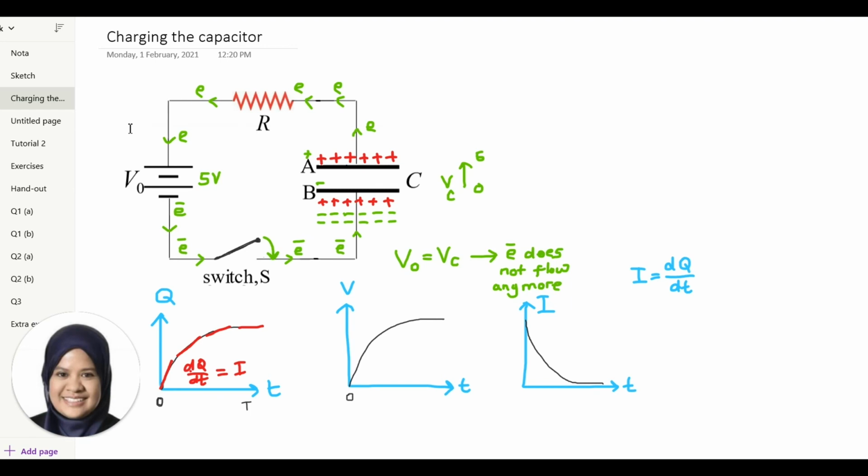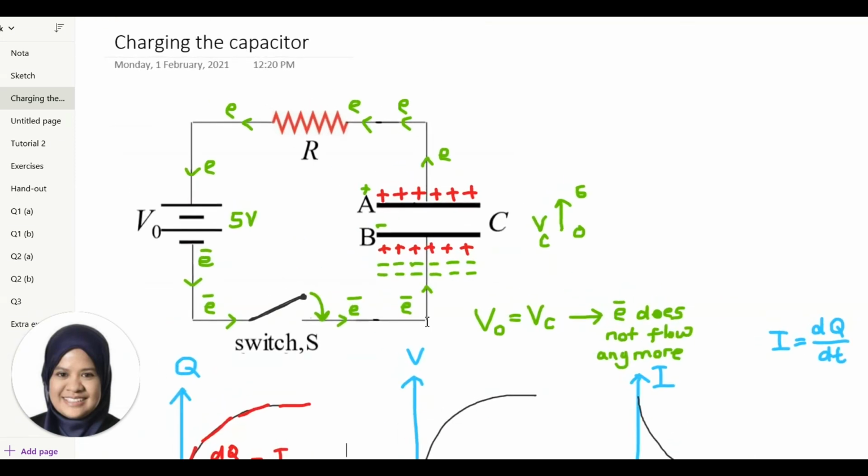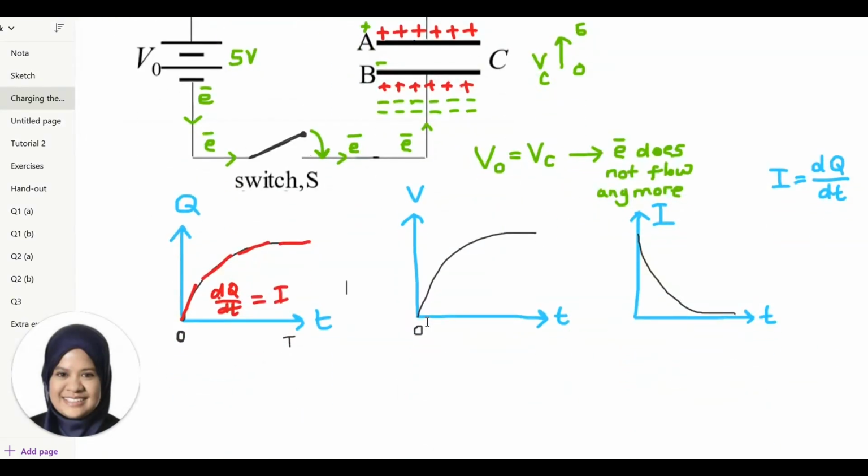Okay, so bila kita dah tahu how the capacitor is being charged, barulah kita nak kaitkan dengan graf dan kita nak kaitkan dengan formula. Okay, sebelum tu kalau saya ada kat sini graf, of course I could have their own expression atau equation to represent the graph.